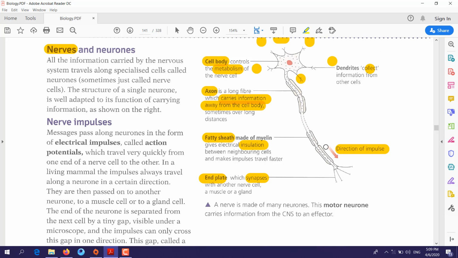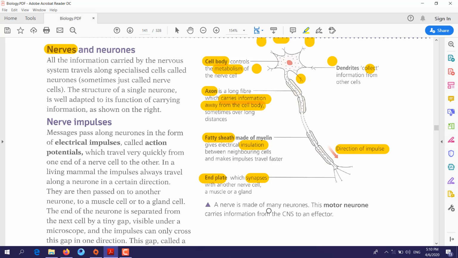For example, here we have one cell, and another cell here, connected to another, and so on. So if you have a question that says, in which part do two neuron cells connect with each other, you will say in the end plate, which synapses with another nerve cell.